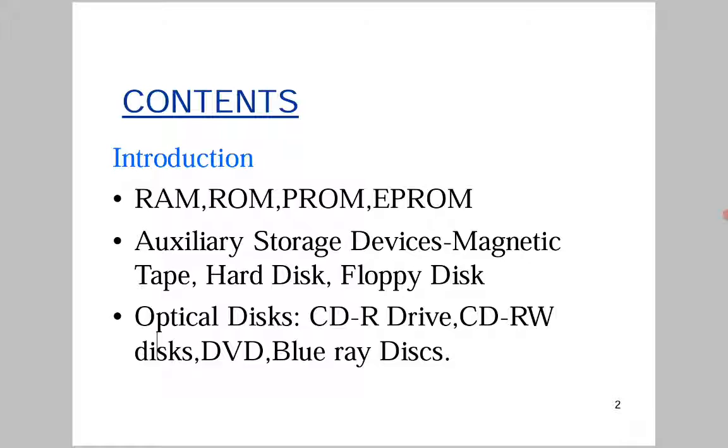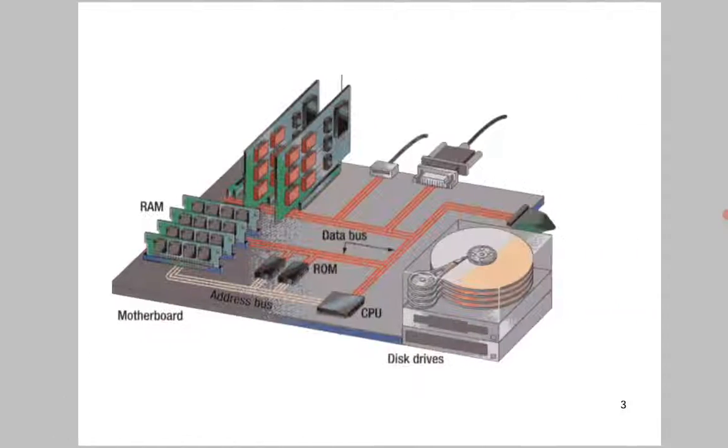Today's contents are different types of memories: RAM, ROM, PROM, EPROM, and auxiliary storage devices like magnetic tape, hard disk, floppy disk, and optical discs like CD drive, CD read write discs and DVDs, Blu-ray discs, everything. All these we are going to discuss today.